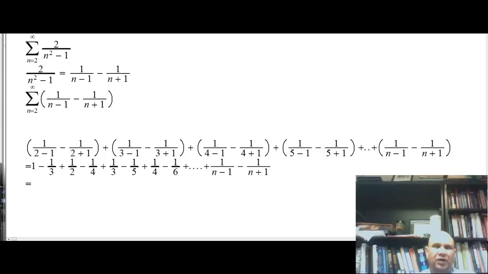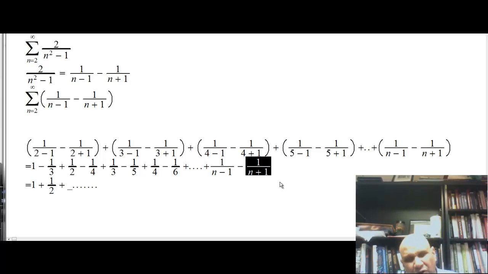So who are the survivors? 1 plus 1 over 2, and eventually we will have this remaining. As n goes to infinity, that will go to 0.